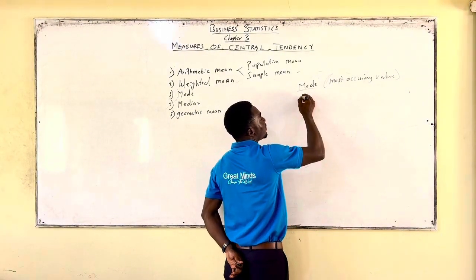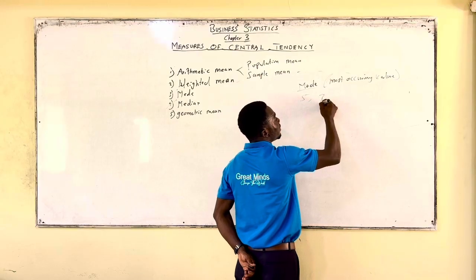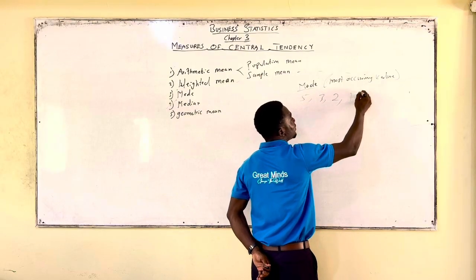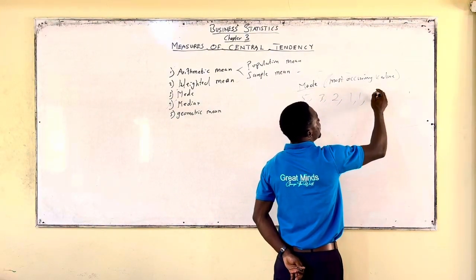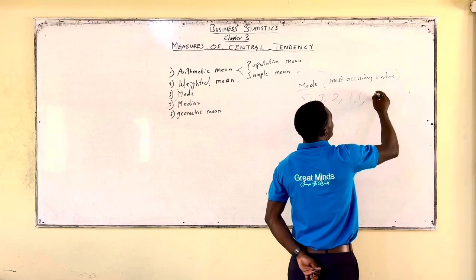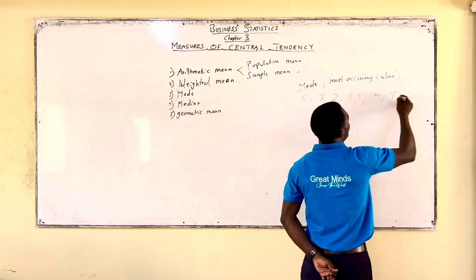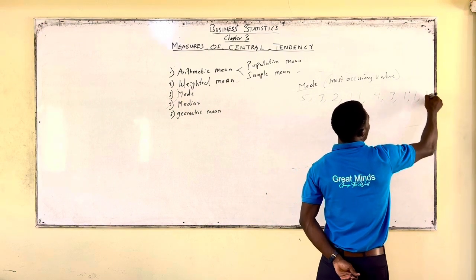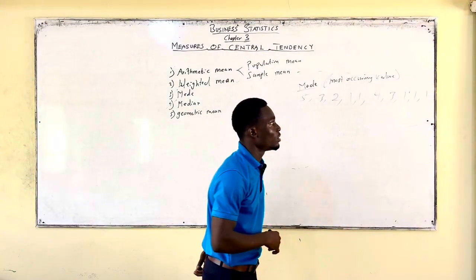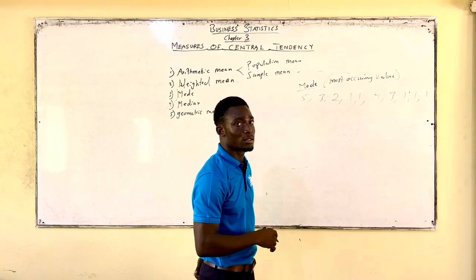Let's say we have 5, 3, 2, 1, 1, 4, 3, 1, 1, 1. Right.